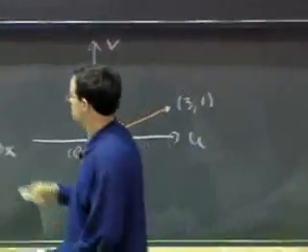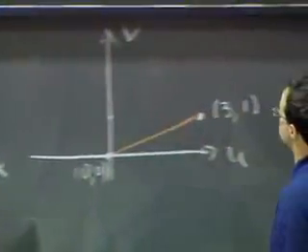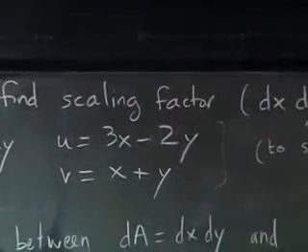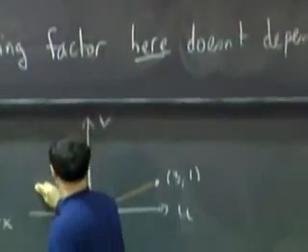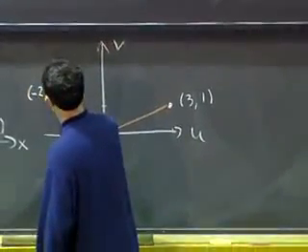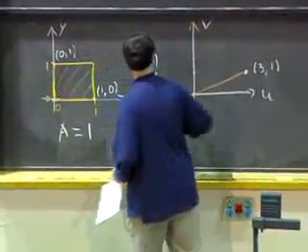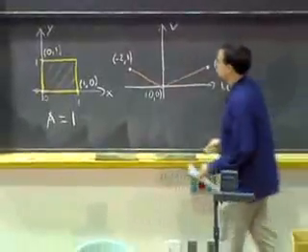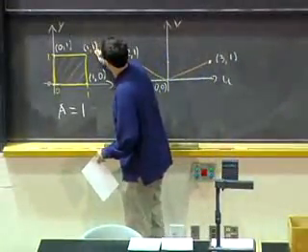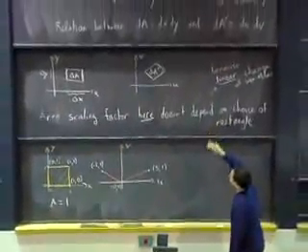Next, let's look at that point. So that point here was 0, 1. If I plug x equals 0, y equals 1, I will get negative 2 and 1. So this edge goes here. Then if you put x equals 1, y equals 1, you'll get u equals 1, v equals 2.